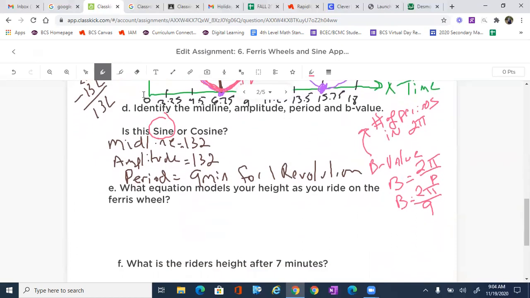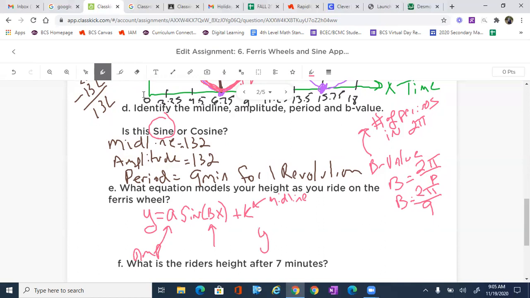Now let's go ahead and write an equation, and if we remember from our Desmos activity that the sine equation is simple, a sine bx plus k. This is our midline. This is our amplitude. This is the b value, of course, it says it right there.